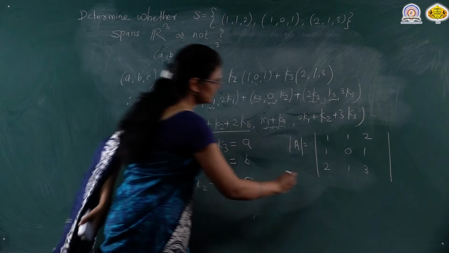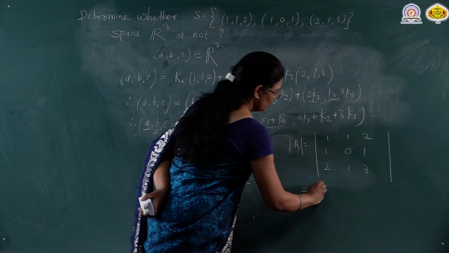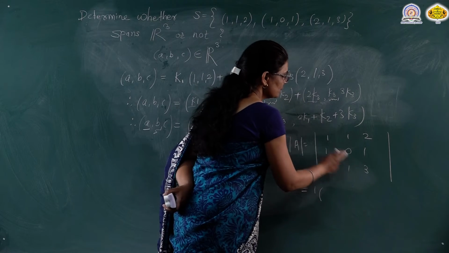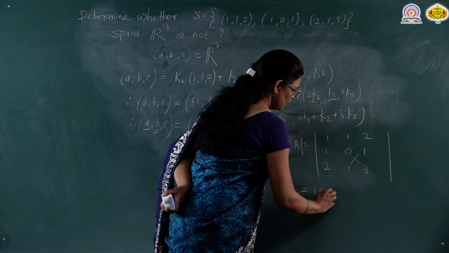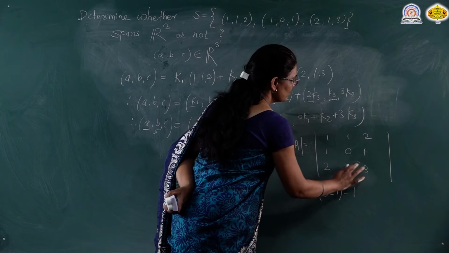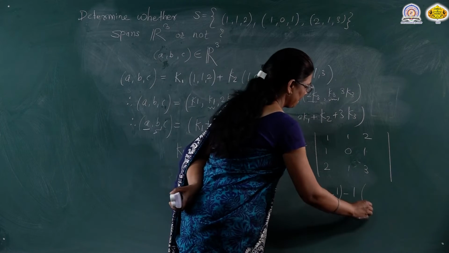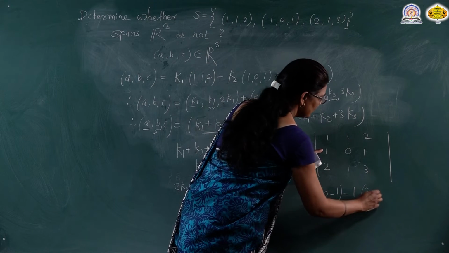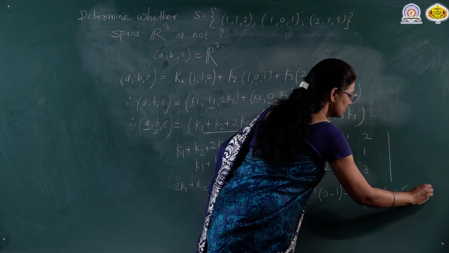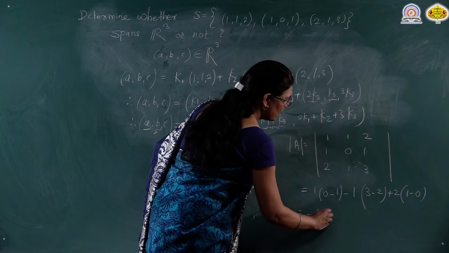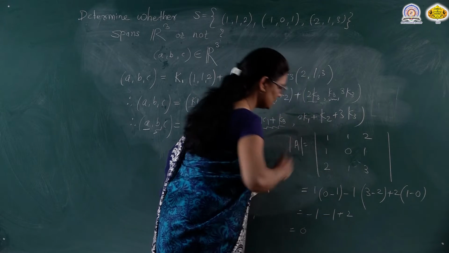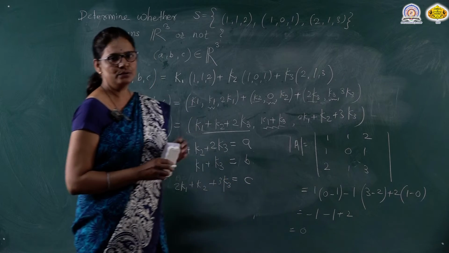Now solve this determinant using the first row. So 1 times (0 times 3 minus 1 times 1) minus 1 times (3 minus 2) plus 2 times (1 minus 0), which equals minus 1 plus 2, which equals 0. So here the determinant equals 0.